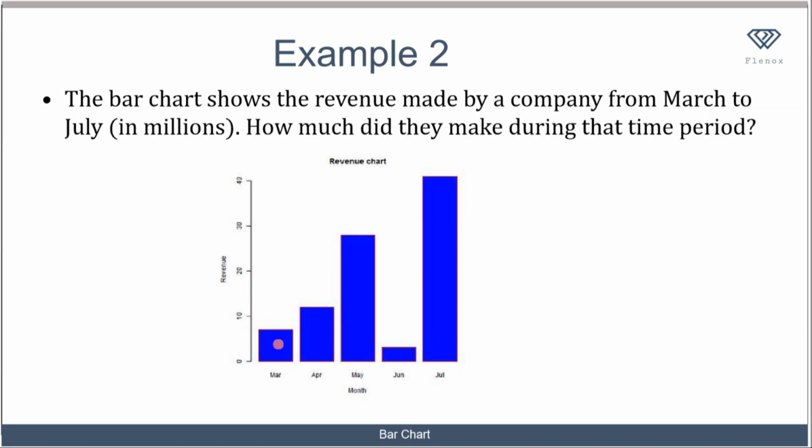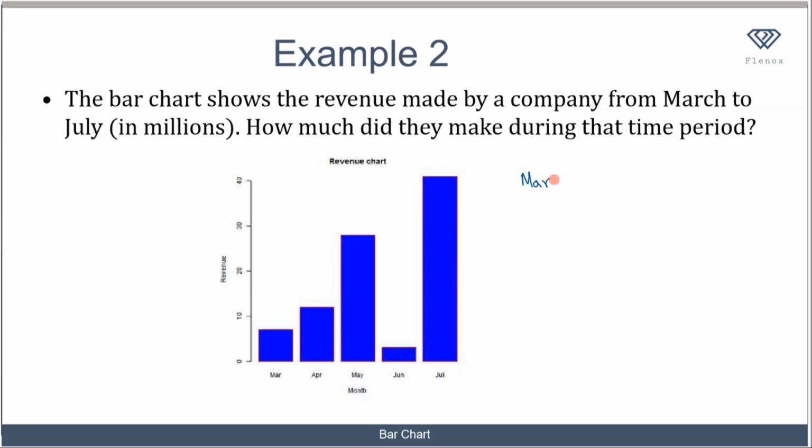So in March, the height here represents the amount of money they made in March. The height here, the amount of money made in April, May, June and July. So the total amount of money that they made from March to July is equal to the sum of the amounts made in each of these individual months. So we can list out the amount made for each individual month.